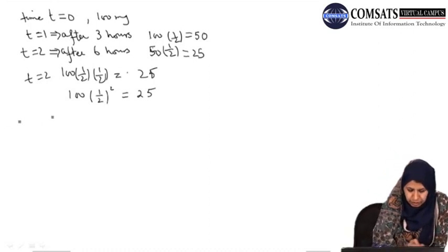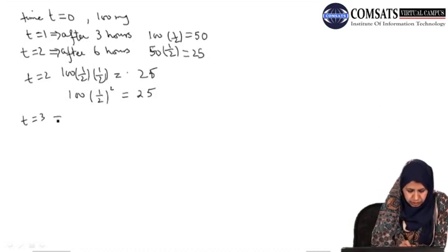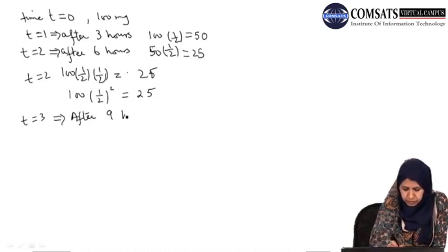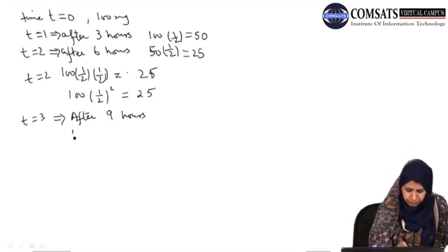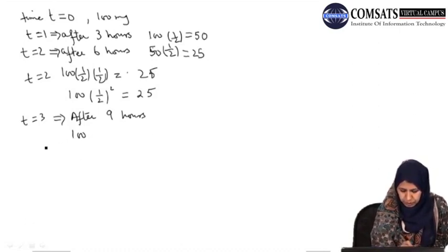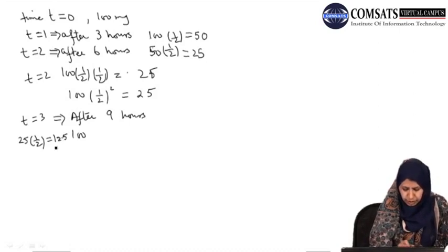Now what will be the value when t is equal to 3? That is after 9 hours we have half of the current value. Okay, half of the current value is 25 into 1 by 2, which is equal to 12.5.